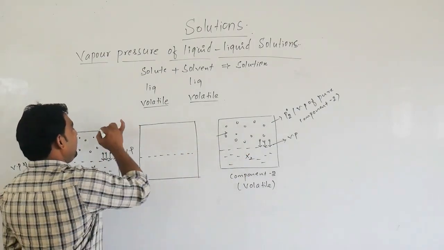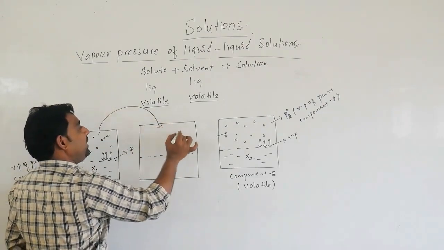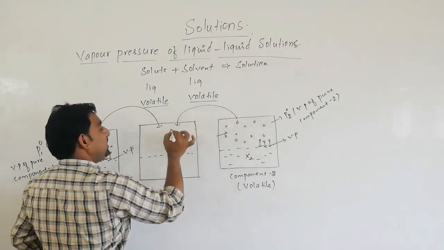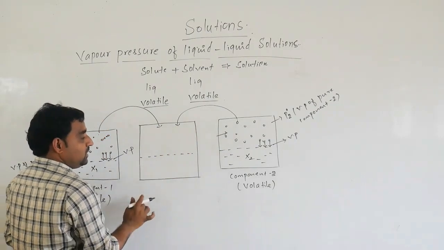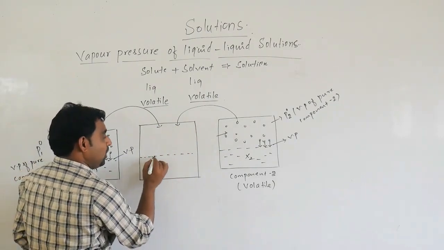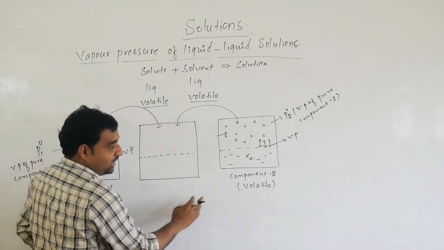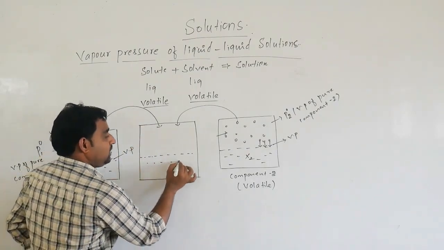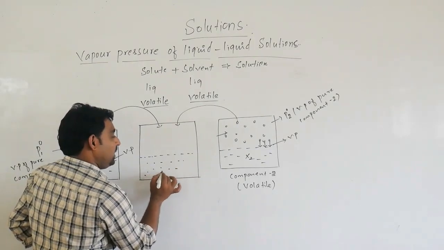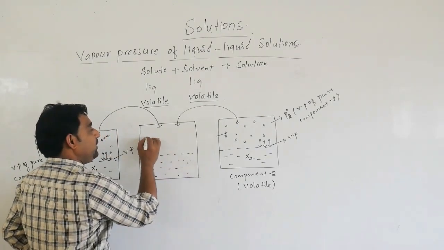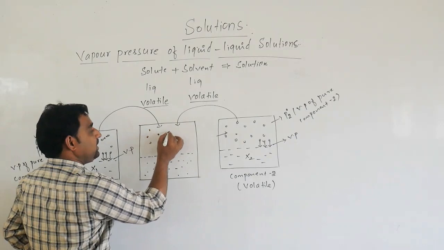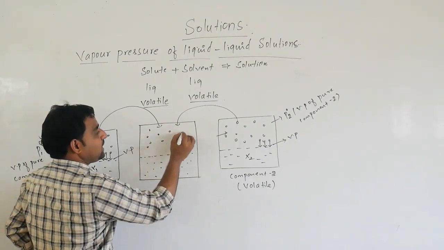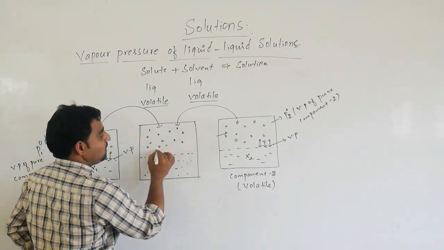So now when we add the first component and the second component, the solution will be formed. This solution has two components, component number 1 and component number 2. When the solution evaporates to form vapor molecules, the vapor molecules are collected over the solution.